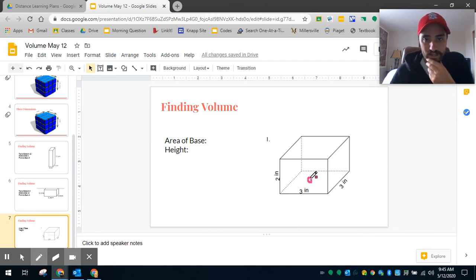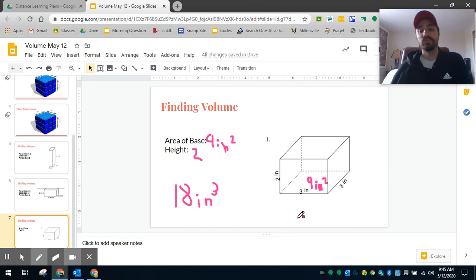So the area is 9 inches squared. That's the flat part on the bottom. Then to find the volume, we do area of the base times height, and height is 2. So 9 times 2 would be 18. Our unit is inches, and we're dealing with 3 dimensions, so it's cubed, 18 inches cubed.